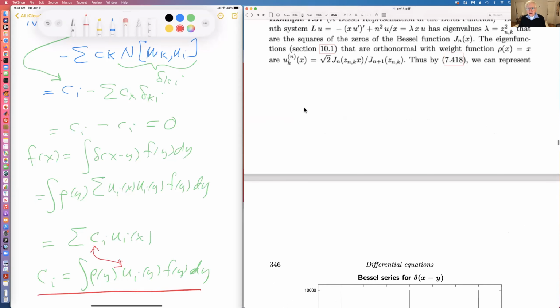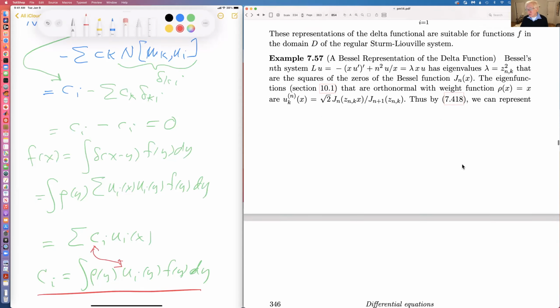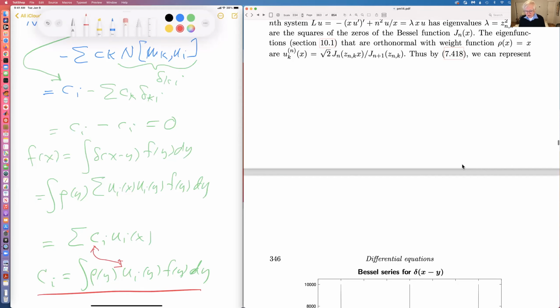So n says what the differential equation is. This is the nth Bessel equation. That's the n. And that nth Bessel equation has an infinite number of eigenfunctions, the eigenvalues being z_nk squared. And they're actually zeros of a Bessel function.